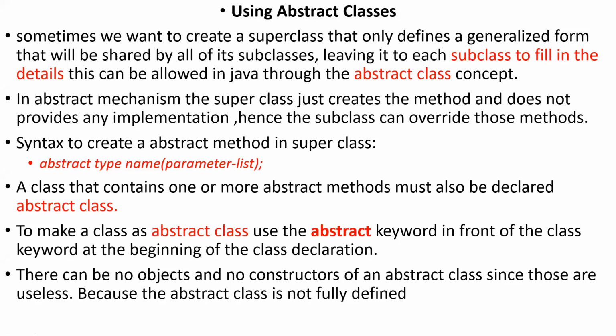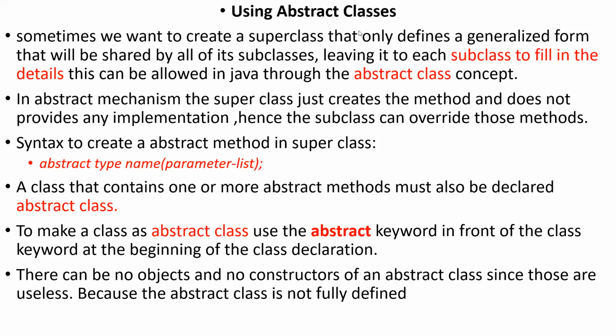An abstract class may also contain normal methods. Whatever methods you want to override can be declared as abstract methods, and the other methods you can declare as normal methods, so that the subclass can override only the abstract methods. This overcomes complexity and other problems. That is the importance of abstract method and abstract class.